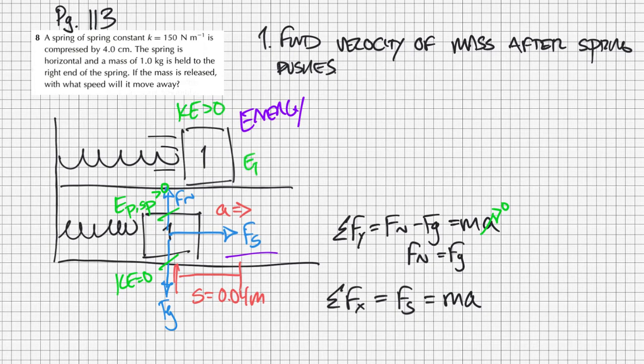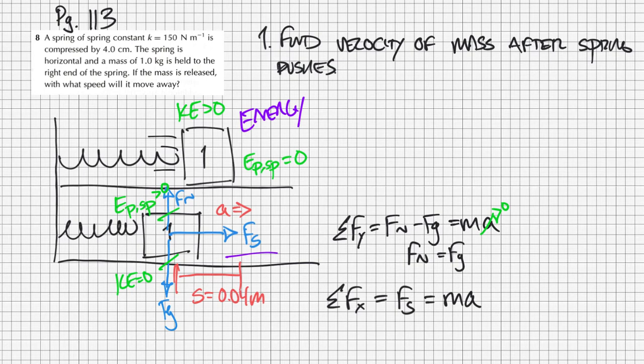And our elastic potential energy of the spring has now become 0 because we're now at this uncompressed, or unstretched, or equilibrium position. And so all of this stored energy in the spring has now been transferred into our 1 kilogram mass here, and we can then figure out the velocity.